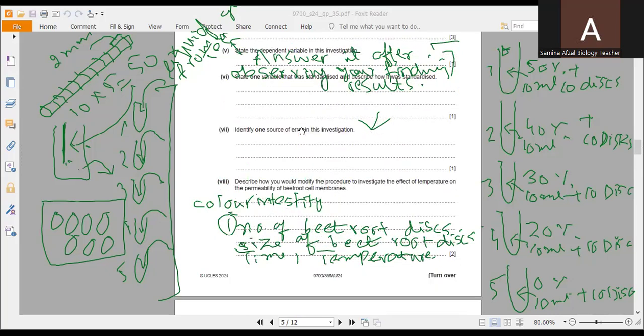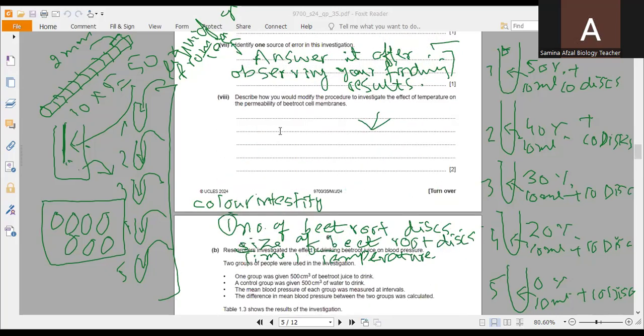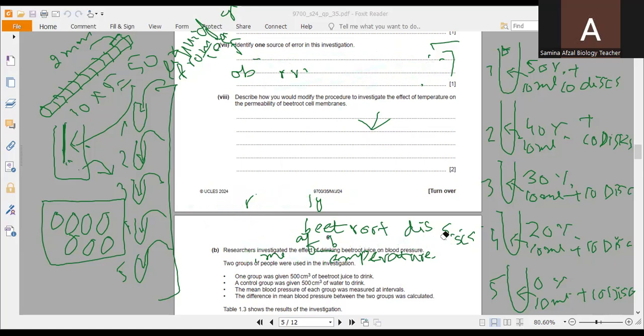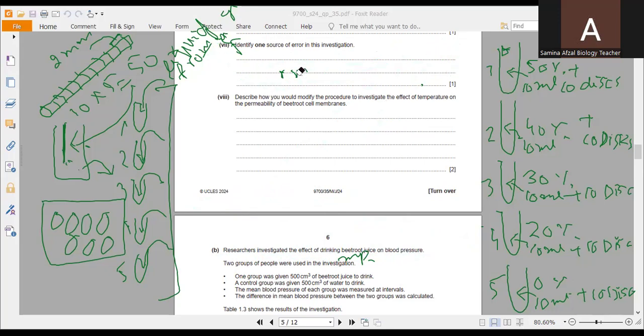Now we are moving to describe how you would modify. Next question is how would you modify the procedure to investigate the effect of temperature on the permeability of beetroot cell membrane?